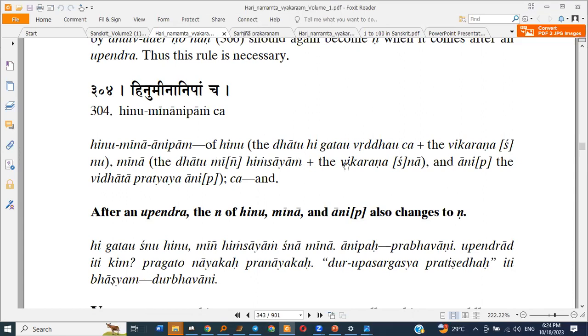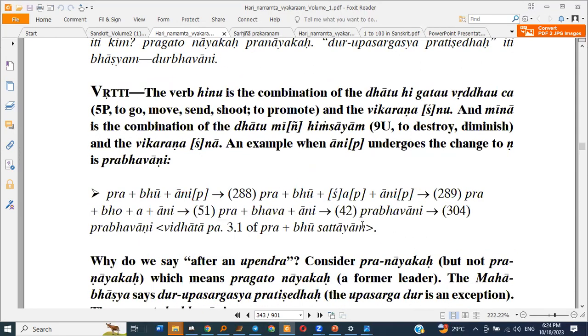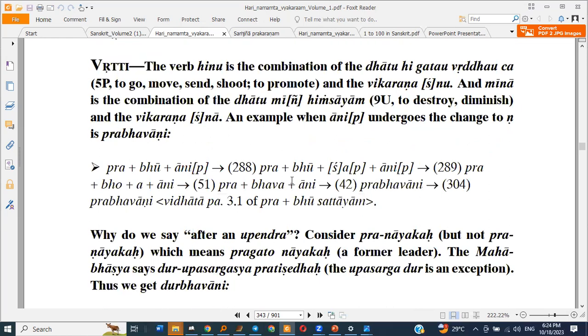So Hinu is formed from He, Gatau, Vridhocha, and the vikarana Shnu, and Smina from Me, Hingsam, and the vikarana Shna. And Anip. So they also change to Na. Yes. So here we have this Anip, the Na changes to Na. So Prabhavani.